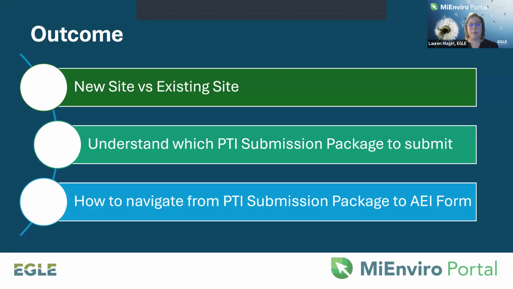Or if you are making a modification to an existing emission unit that does not have an in effect permit status, you would need to use the new permit. And we'll go over modification. We'll show you how to start that submission package once you have a permit that's in that in effect status.